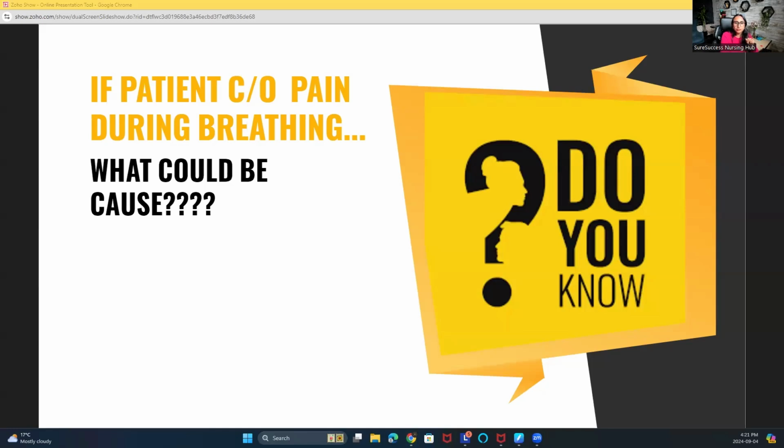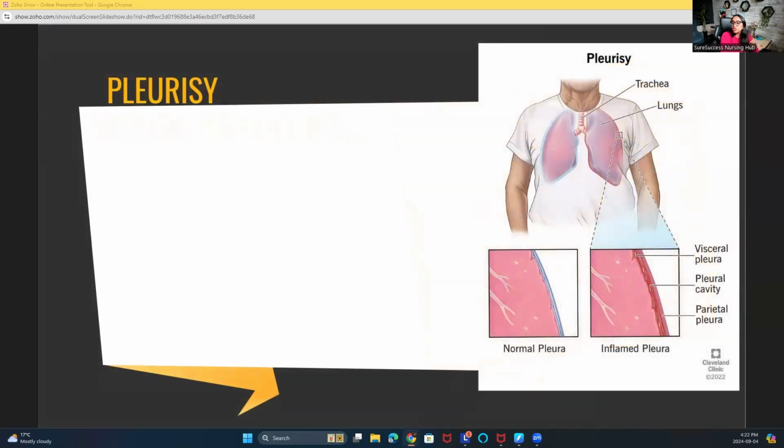Is it parenchyma? Pleura. Very good. Pleura, pleural cavity. Every organ, brain, cardiac system, your lungs have an outer protective layer, which you can see in the picture, blue colored. This is known as pleura.